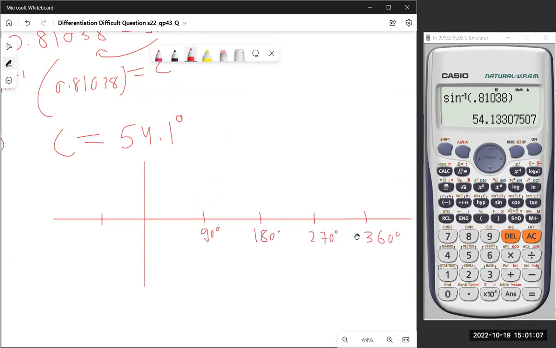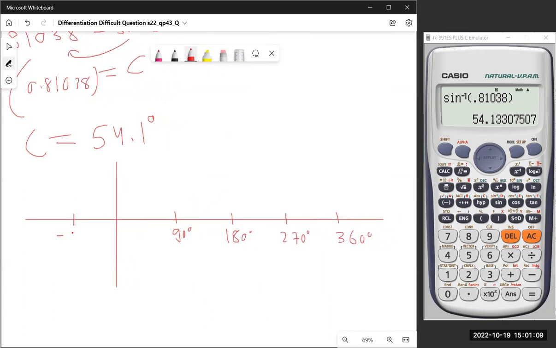Sine 90 is 1. These are our reference values. The y values are the range, the x values are the domain. So it's 1 here, 0 here, minus 1 here, and 0. This is what your graph looks like.